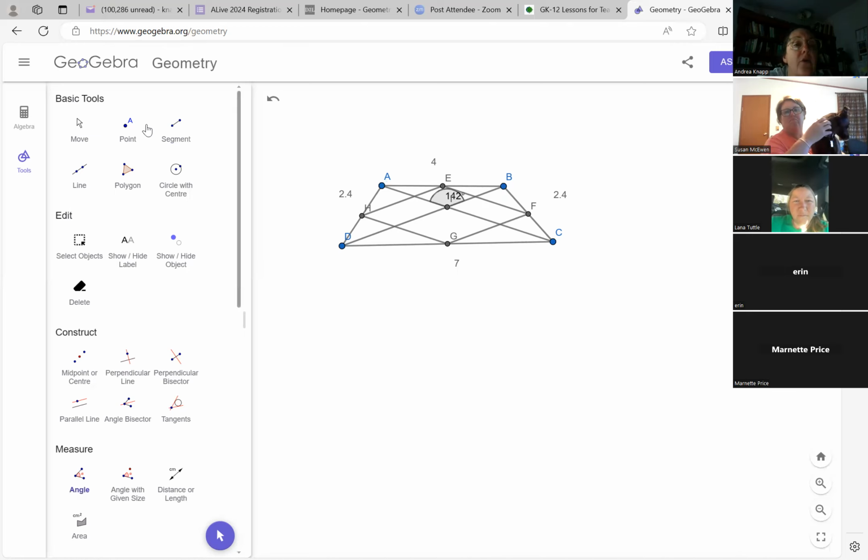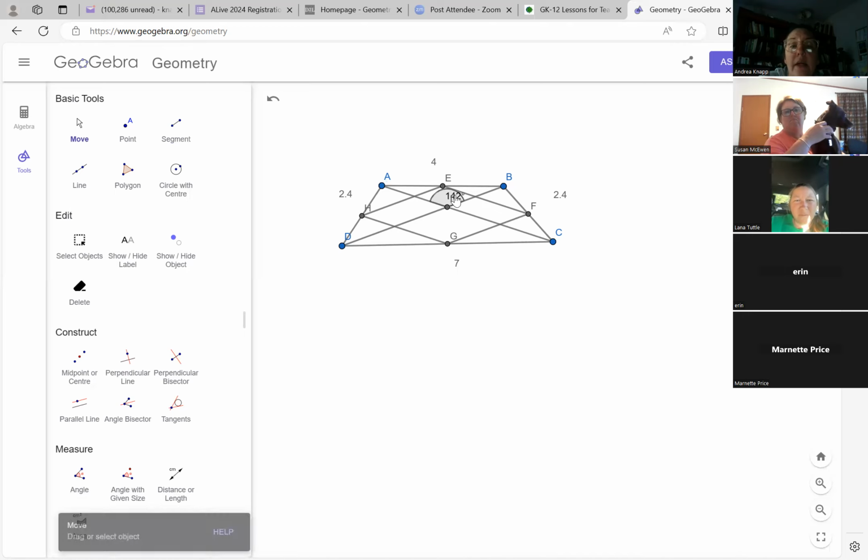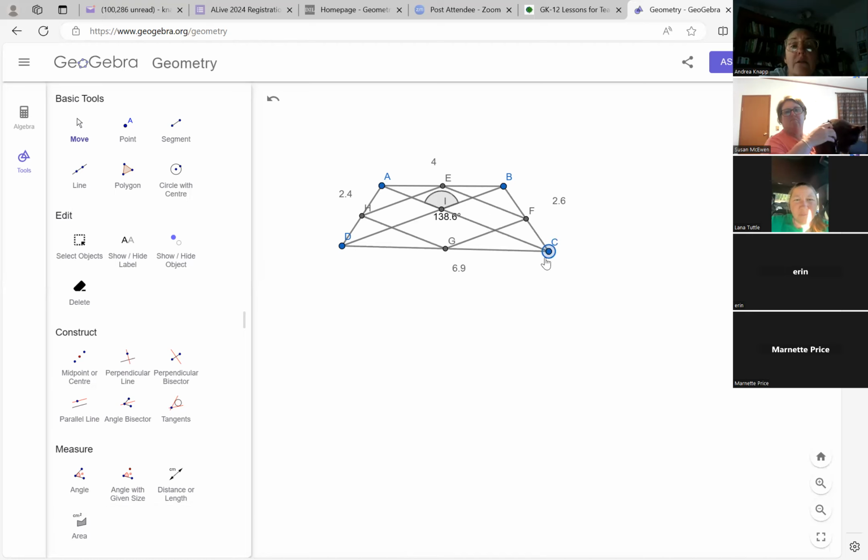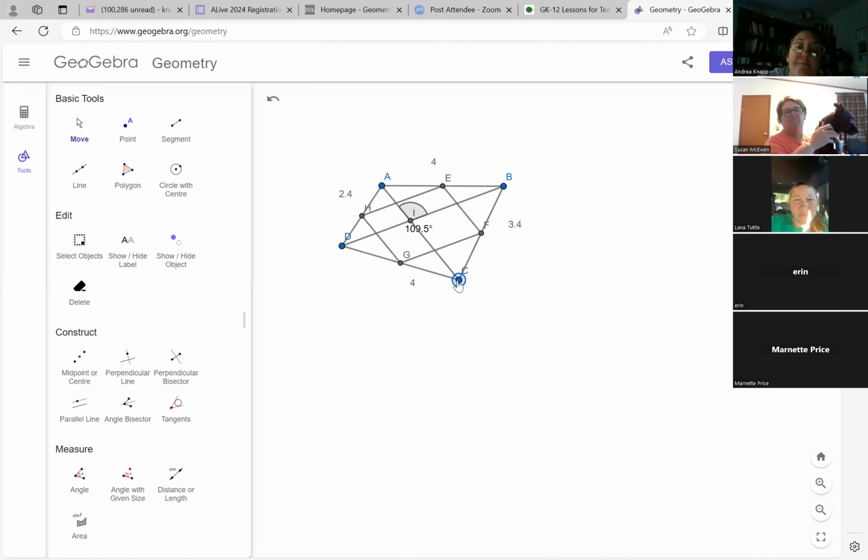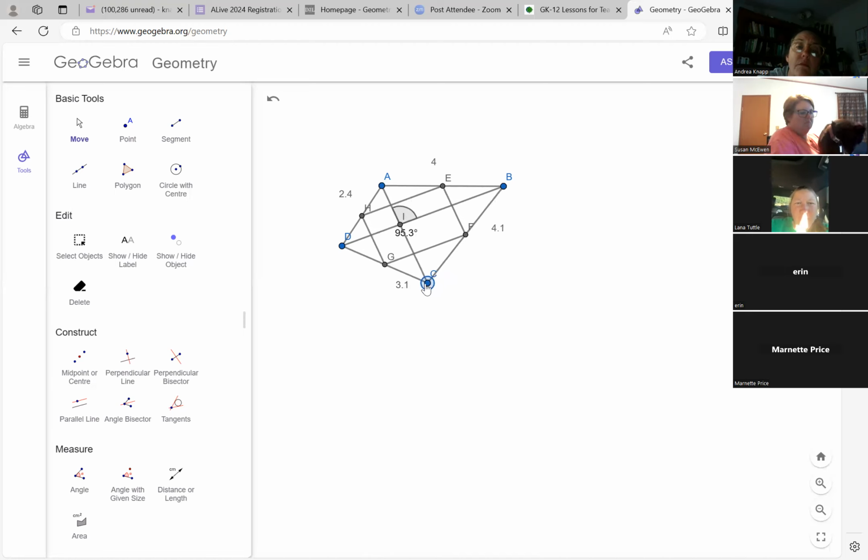Okay, so that angle right there has to be 90 degrees. So now I'll drag to where we get those diagonals to be 90. I've got it really, really close.